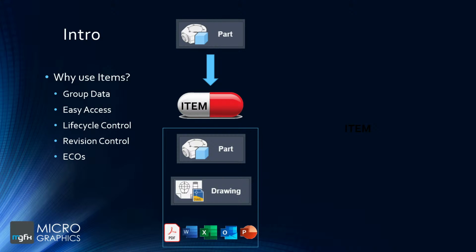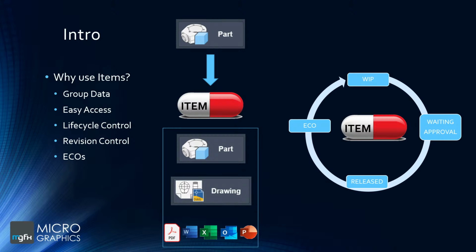But on the other side of enabling items and using items is that you can have greater control over life cycles and revisions through the use of change orders, ECOs, engineering change orders. And we see here that the item can have a life cycle, let's say work in progress at the top of that flowchart.